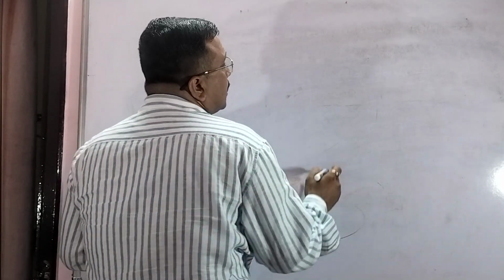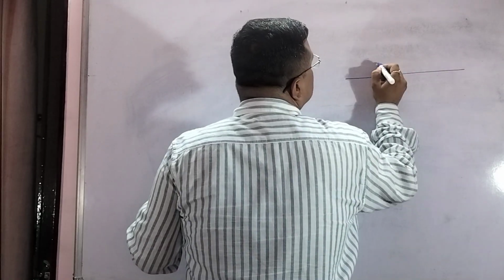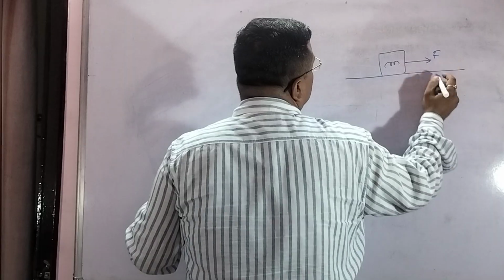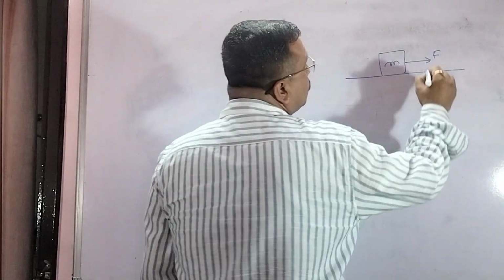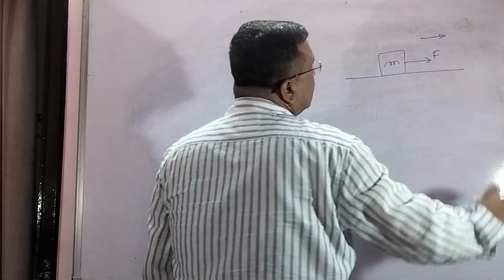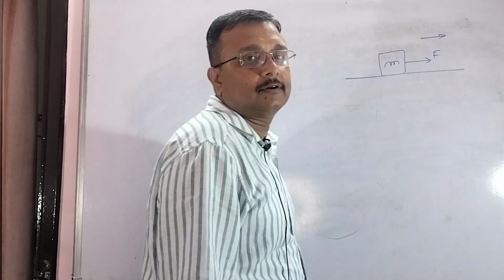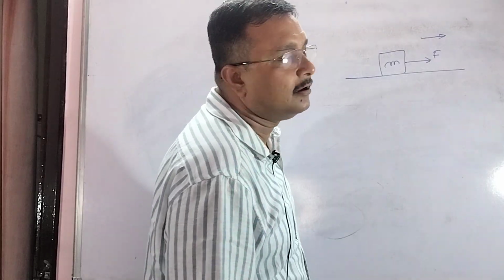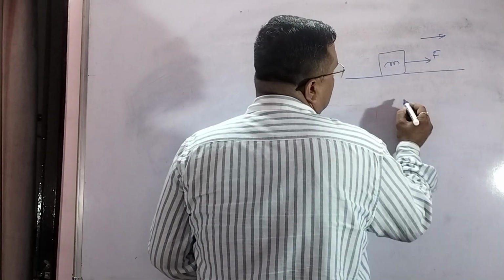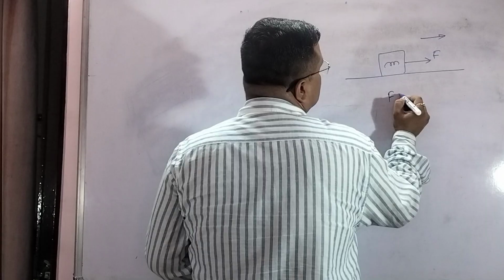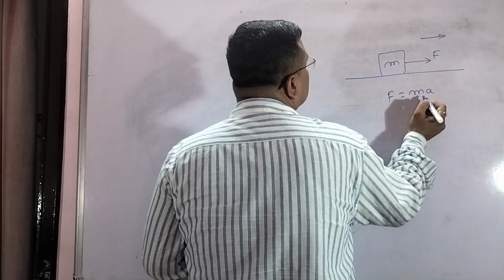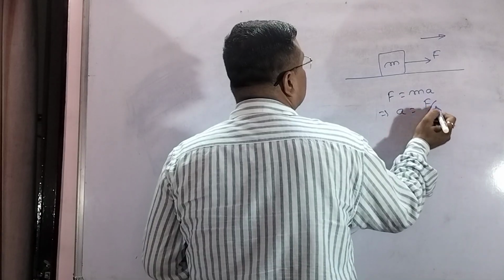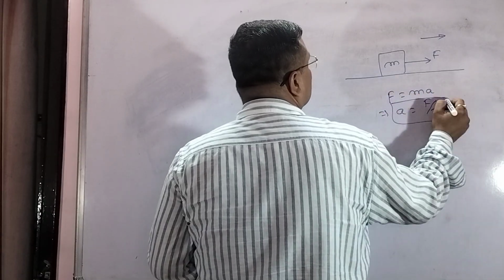Suppose on a straight line this force is pulling, so this particle will move in this direction. So there is a single force, and it is easy to write the equation. If anybody wants the acceleration, it will be F equals m into a, or a equals F by m, if F and m are known to us.